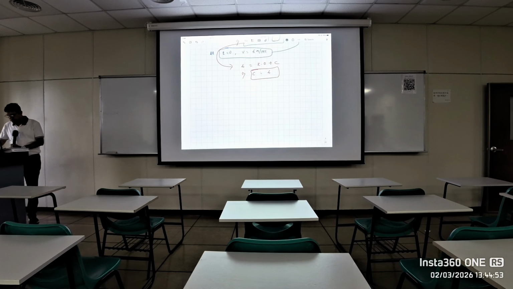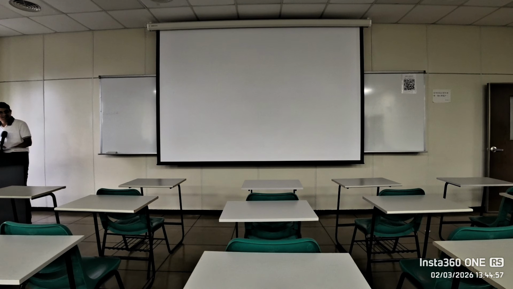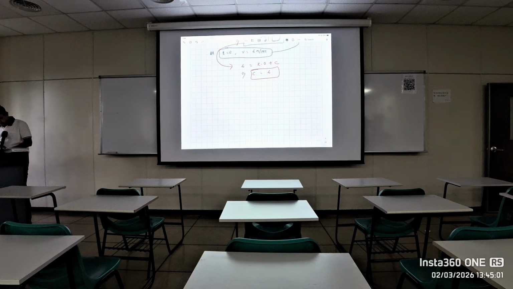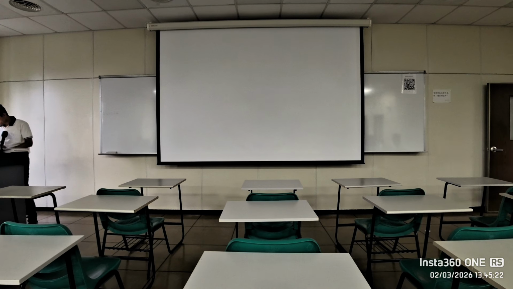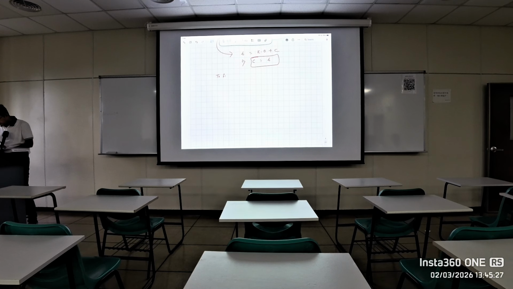Okay, so we found the C value is 6. And another thing is that we need to find out this V. To find out V when the Y, that is the distance, is 3000 and t is equal to 60 seconds.